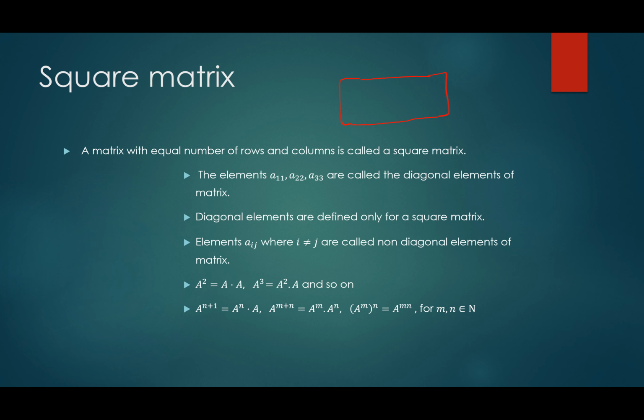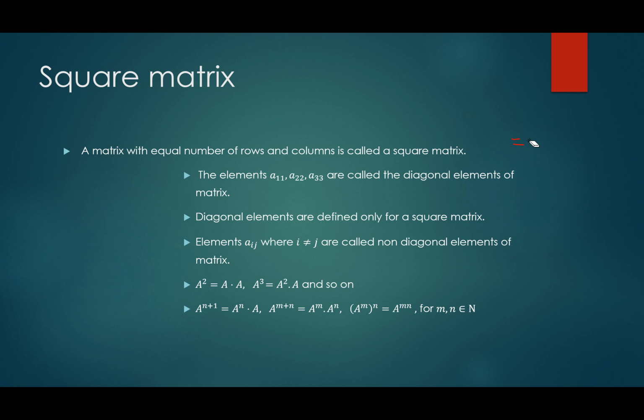If the rows and columns are not equal, so m into n, the order of the matrix, if m and n are not equal, then that matrix is called a rectangular matrix. And if m and n, that is the number of rows and number of columns, are equal, then that matrix is called a square matrix. That is the definition given as the first point.